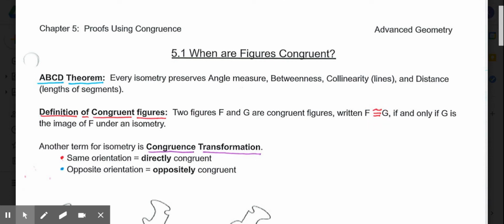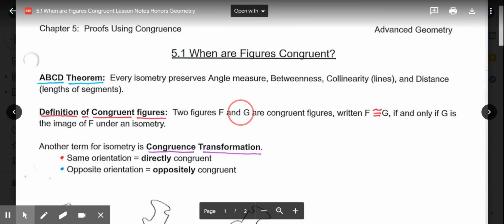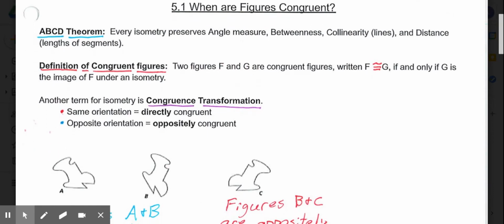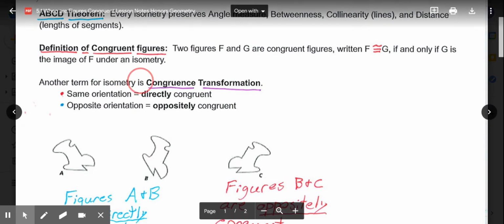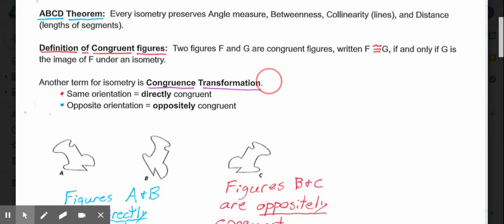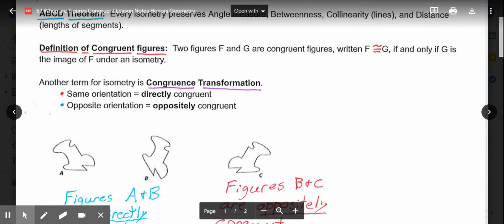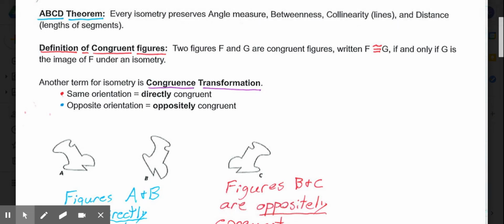So if we rotate f, we spin it, flip or reflect it, or slide or translate it, it would still be congruent to g. Another term for isometry is a congruence transformation, because a single isometry keeps things congruent.